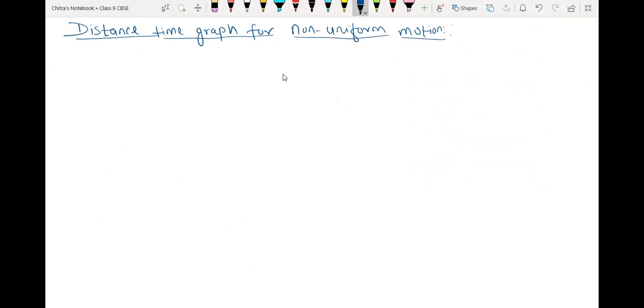Okay, so again I'm going to write the definition for what non-uniform motion is all about. So what is non-uniform motion?